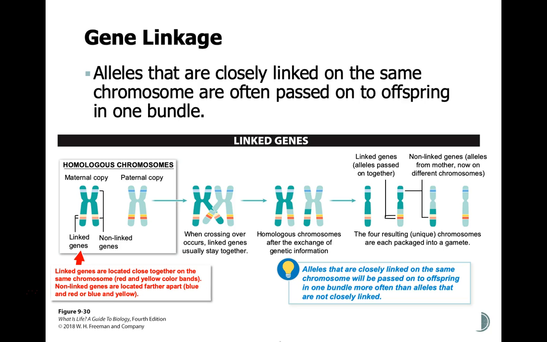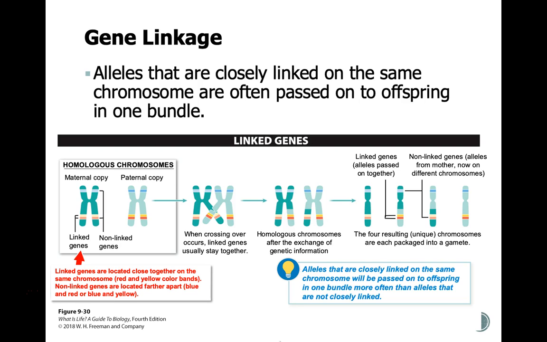We can see why when we go back to the process of crossing over. Now remember, in meiosis, we had this crossing over event that exchanges genetic information between two chromosomes, and the purpose is to hold them together in a tetrad to get to the metaphase plate.